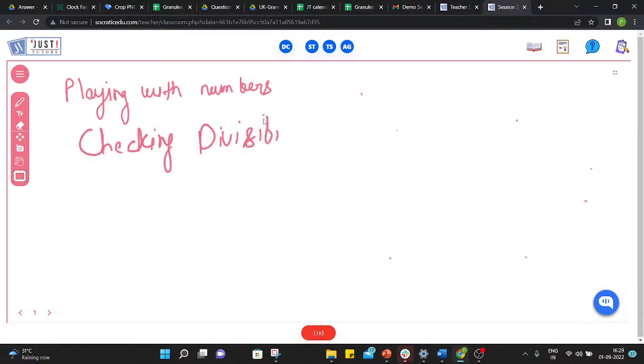Checking divisibility. What is this? ये divisibility क्या है? हम कैसे चेक कर सकते हैं कि कोई नंबर किसी दूसरे नंबर से डिविजिबल है कि नहीं है? What do I mean by divisibility?